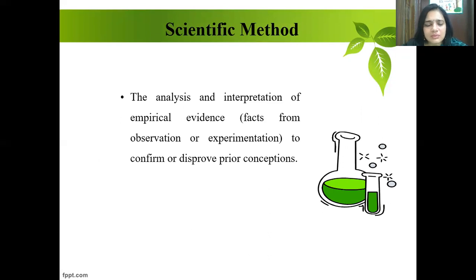Another very famous definition is the analysis and interpretation of empirical evidences, facts from observation or experimentation to confirm or disprove prior conceptions. Basically, there is no consensus concerning the exact procedure for the scientific method, but most discussions generally lead to empirical testability.